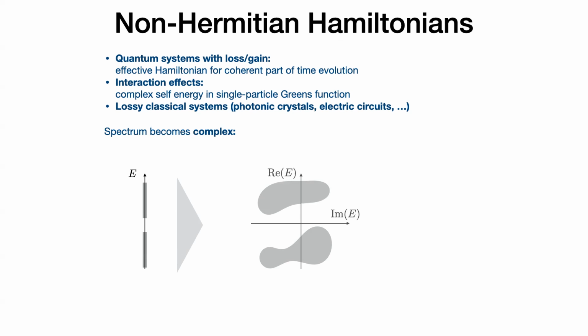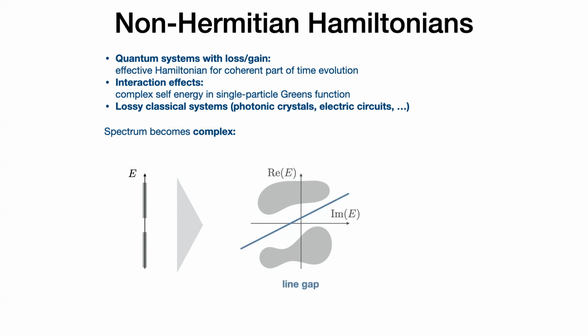So what I've done is I added non-Hermitian perturbations to this real spectrum on the left-hand side. And those broadened these bands into these blobs on the right-hand side. But this spectrum still has a gap that we call a line gap. So it's a gap where you can draw a line through the full complex energy plane and it never hits any eigenstates.